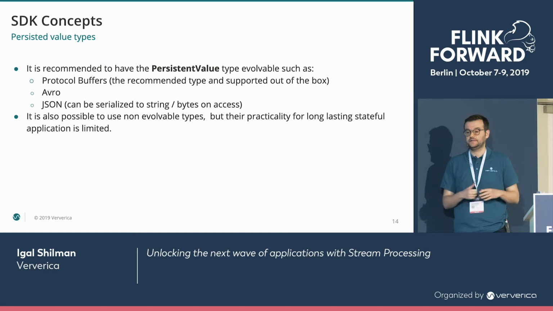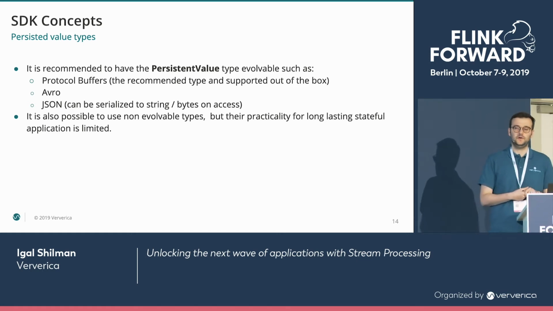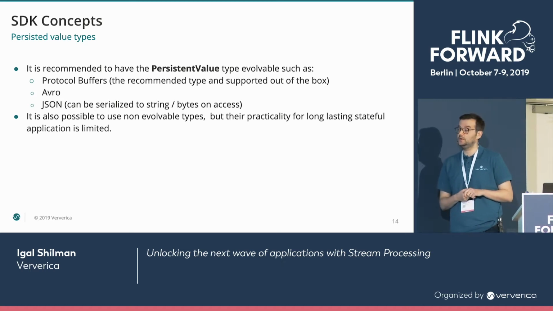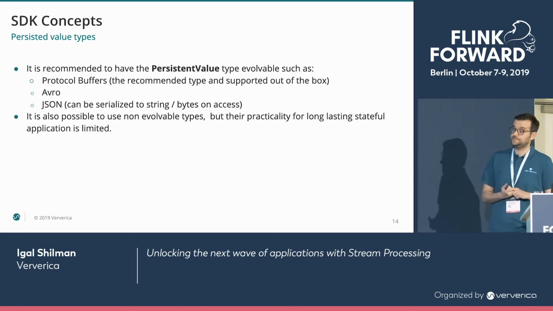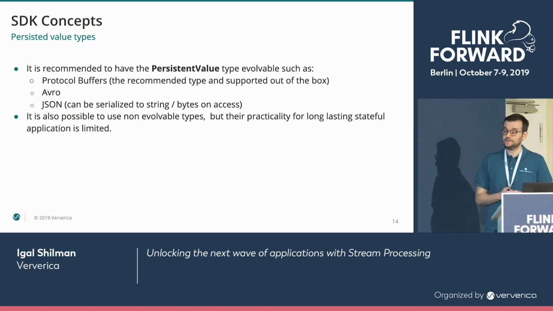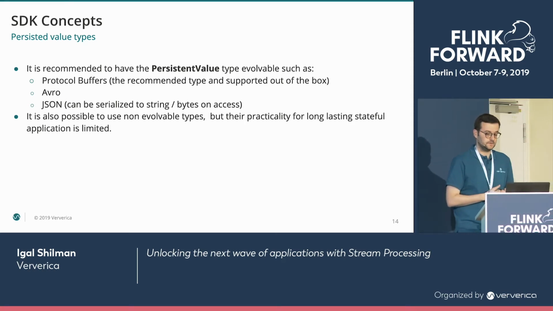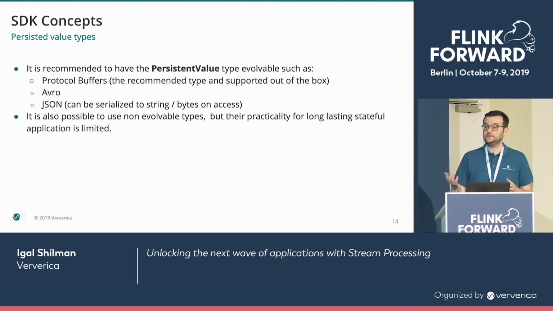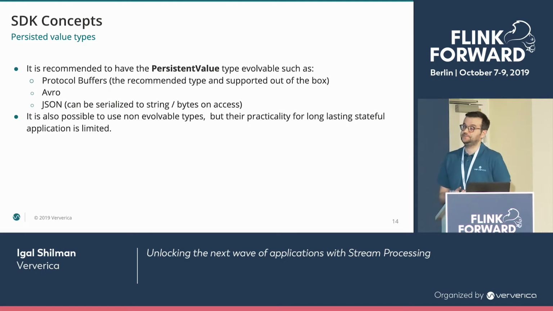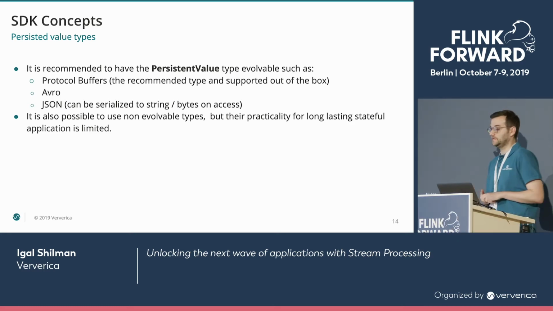It's built into the SDK and the runtime, and most of the examples you find on the repo use protocol buffers. Of course, you can use JSON and Avro as well, but this would require more careful consideration. To get started fast, you can also start with non-evolvable types, but in practice that is not very useful for production.